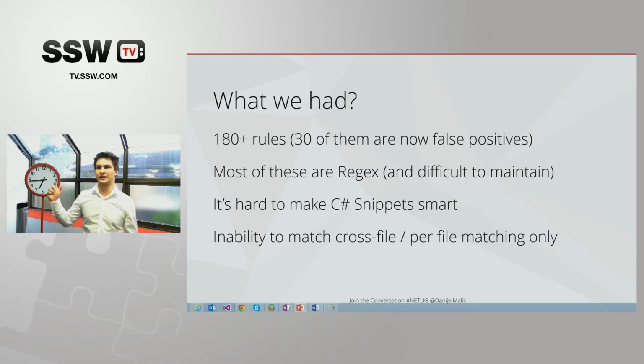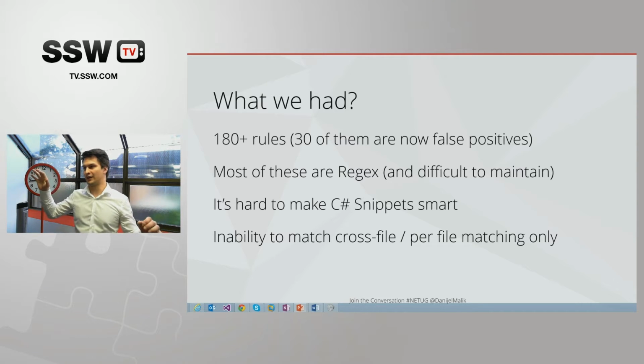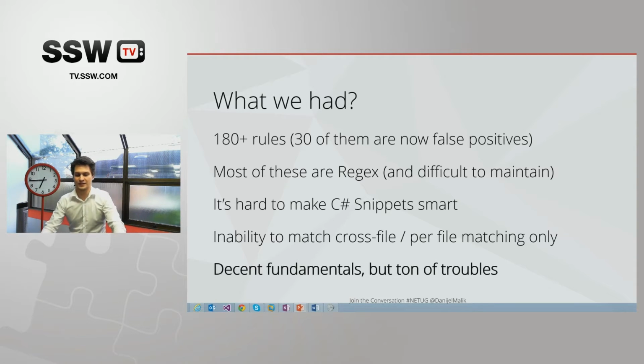One example I can give you is that I can have one file with a completely different name from the other one, and there are 2 partial classes inside, and one, for instance, implements IDisposable and the implementation is in the other one. I cannot match that with regex or C# snippets, but with Roslyn I can do that. What we really had is quite good fundamentals, but a ton of troubles as the languages evolved, as I mentioned.